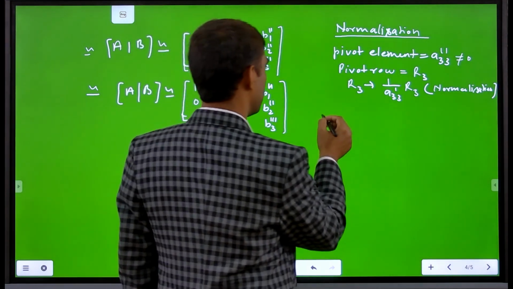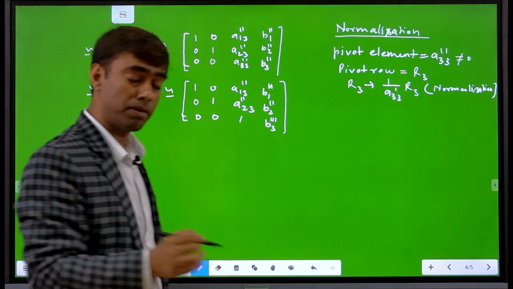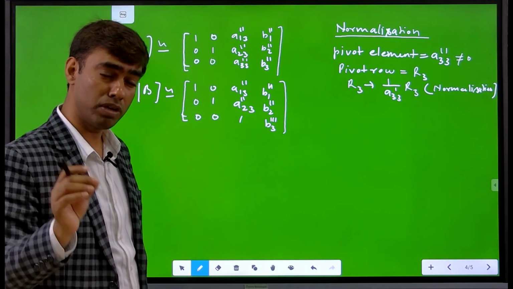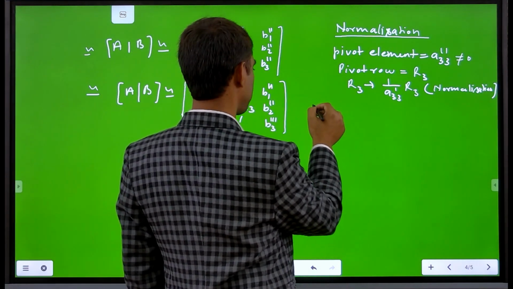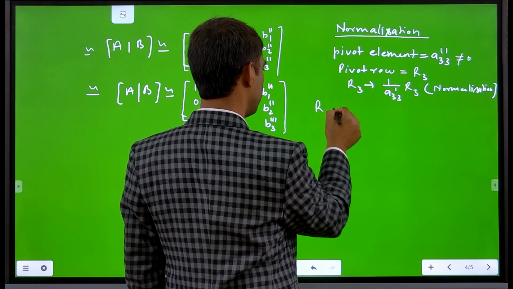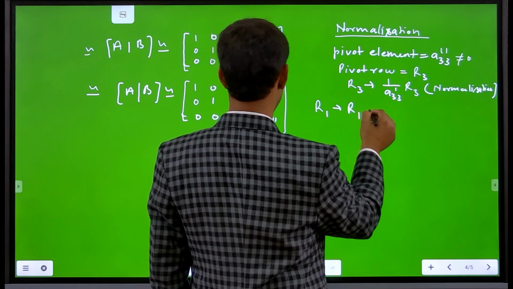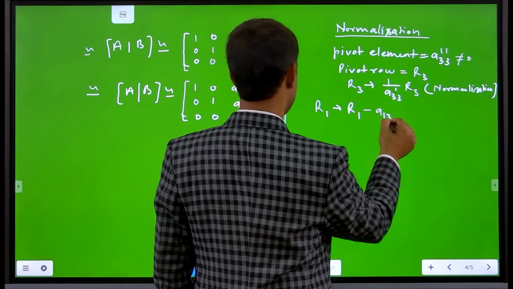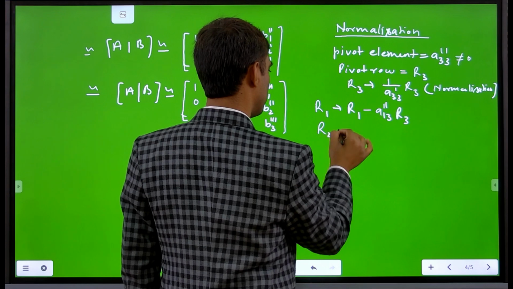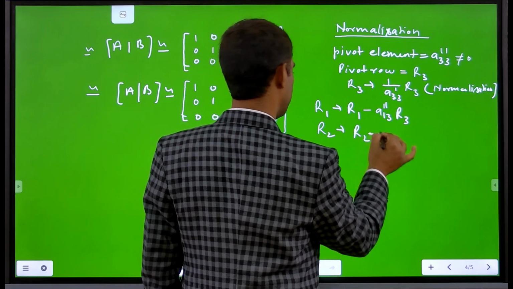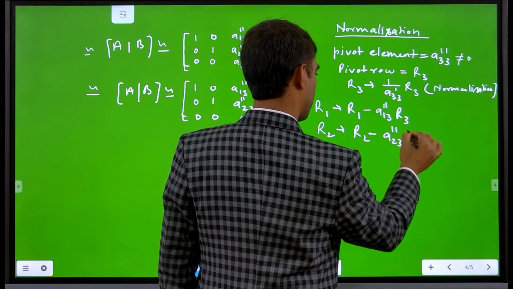So during elimination, which type of row operation do we perform? We perform the row operations on R1 and R2. R1 tends to R1 minus A13 double dash R3, and R2 tends to R2 minus A23 double dash R3.